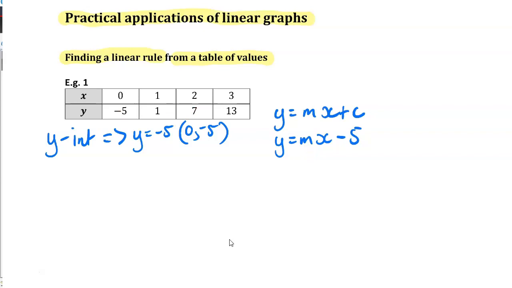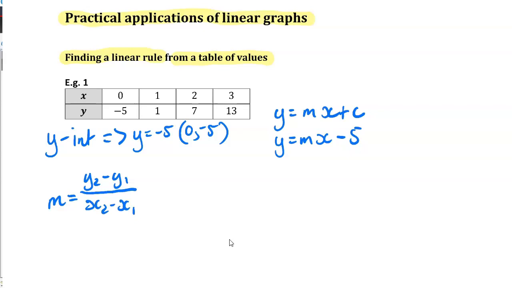All right, so how do I do that? I can look at these. These are all coordinate points. And we remember that our gradient equals rise over run, y2 minus y1 over x2 minus x1.